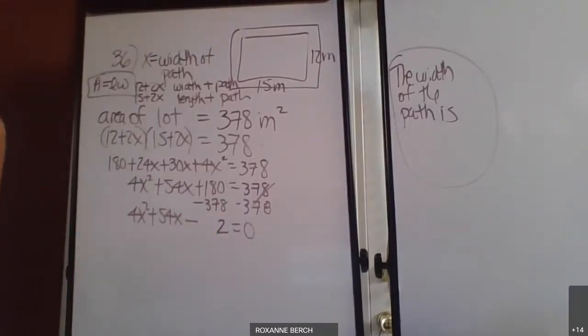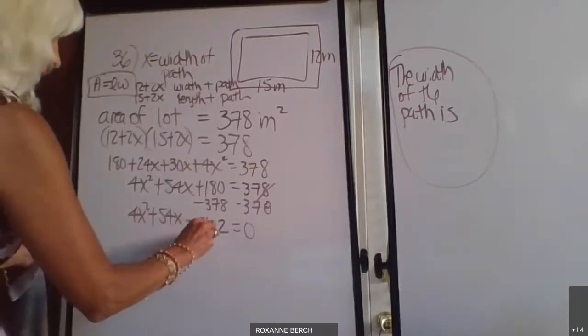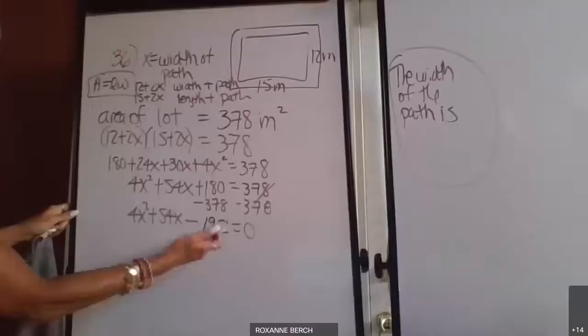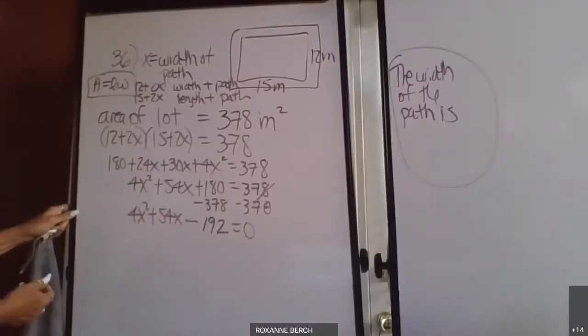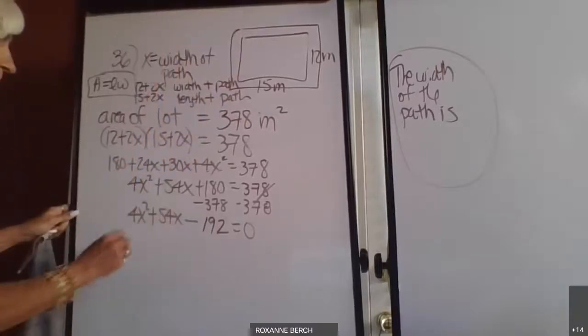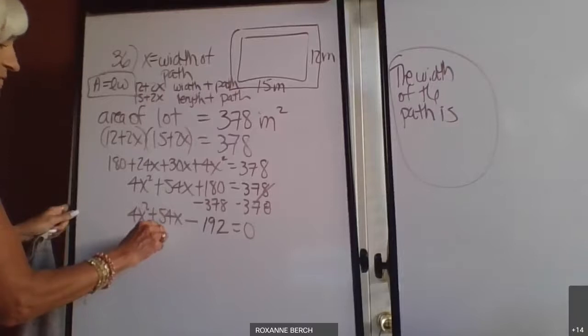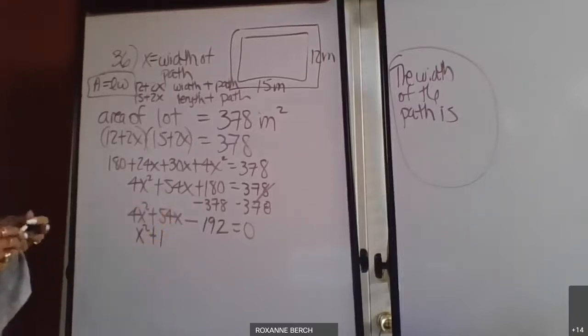Isn't it 198? Okay, now I hope we can divide by 4, because I don't want to use the quadratic formula. So divide by 4. It's not going to work. Wait, Miss Birch, it's 198.